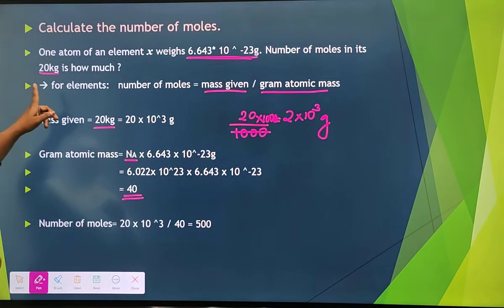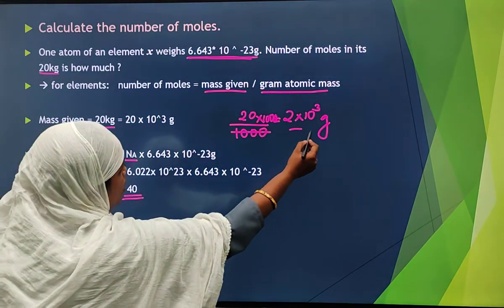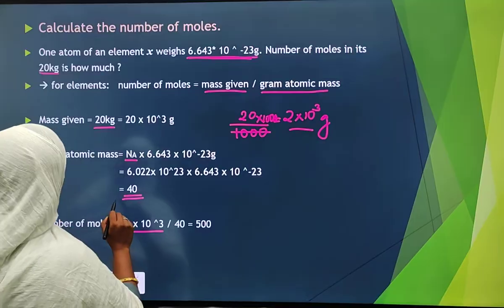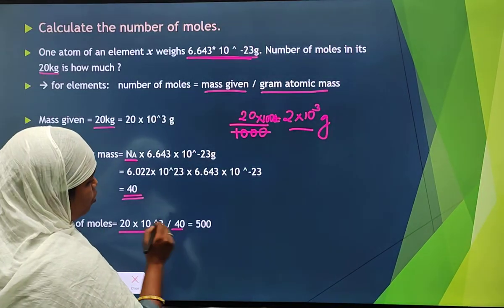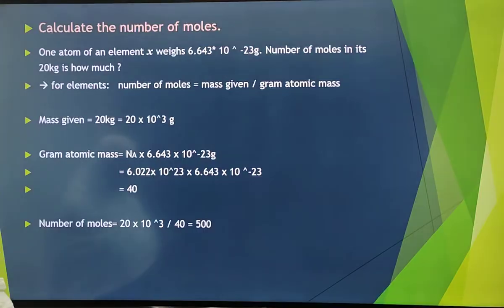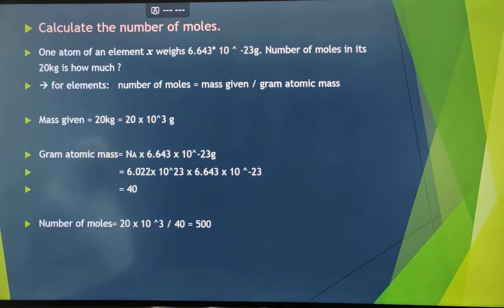Now we'll use the formula where number of moles is given mass, 2 into 10 raised to 4 upon gram atomic mass, that is 40, where we get a value of 500. So this is how we have calculated the number of moles in an element.